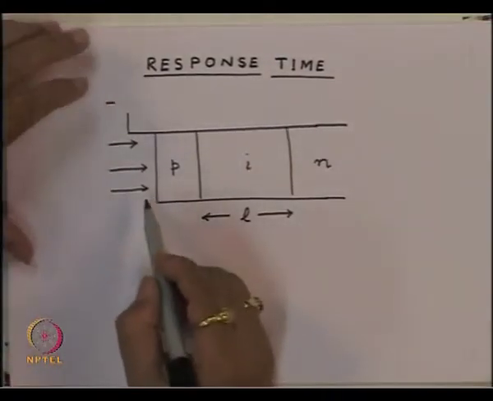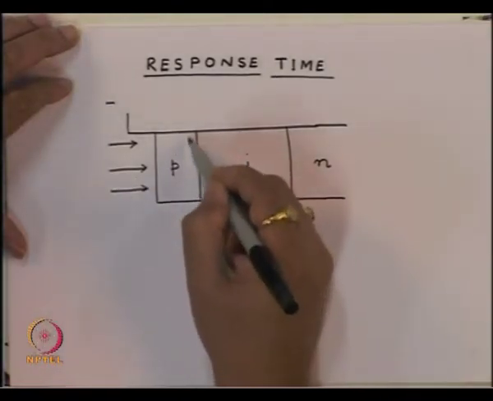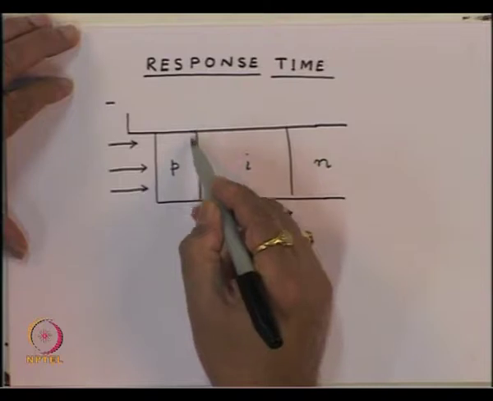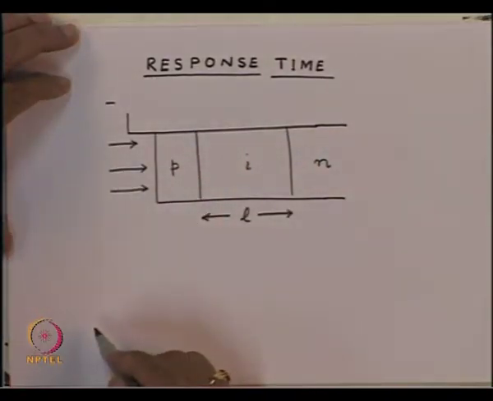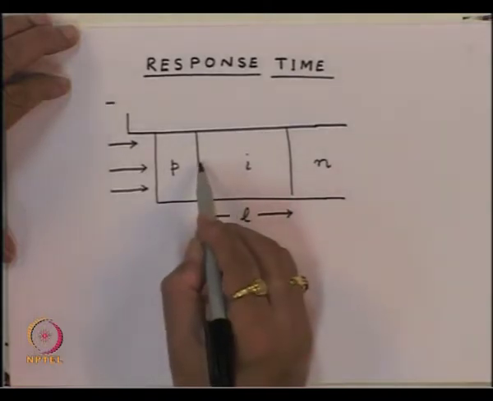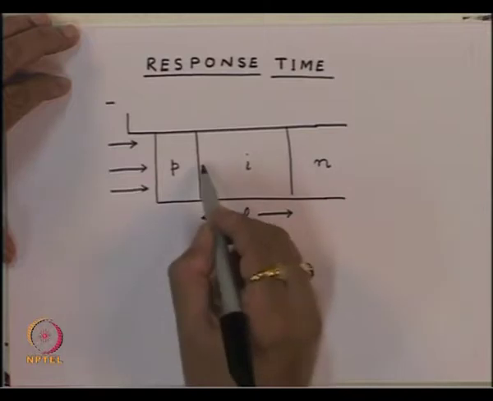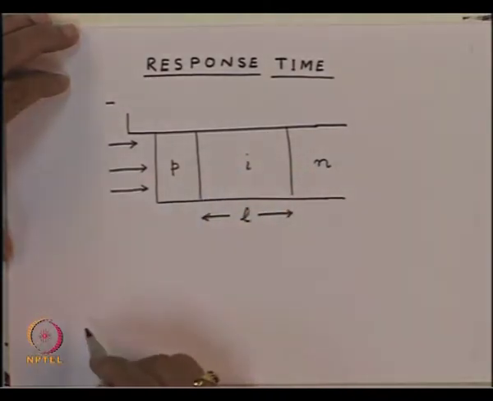Suppose most of the photon absorption has taken place right at this edge of the intrinsic layer, then as we said, electrons are the ones which are going to cross this intrinsic layer. So, they will acquire the saturation velocity for electrons.